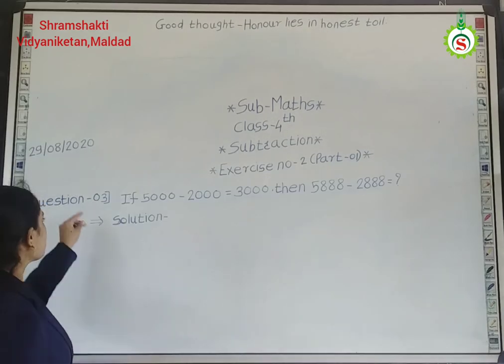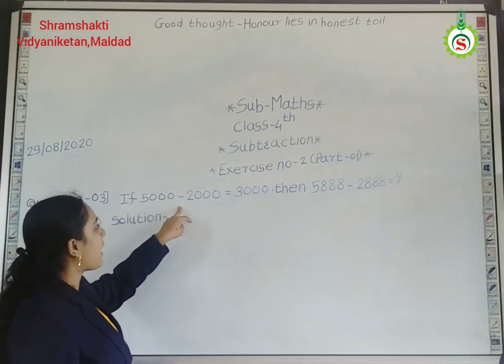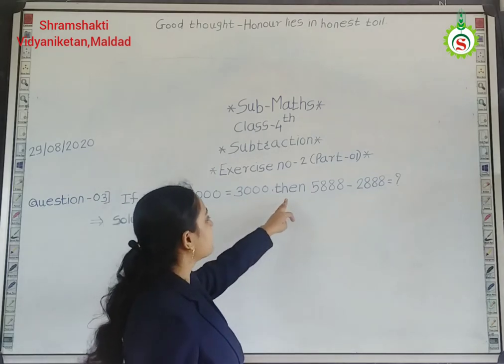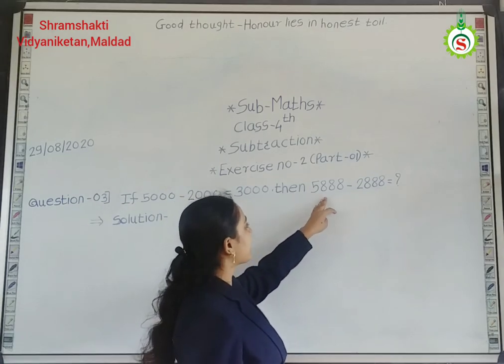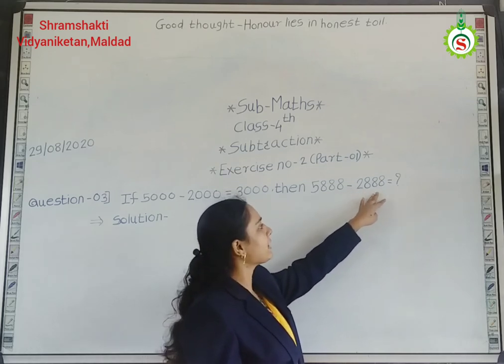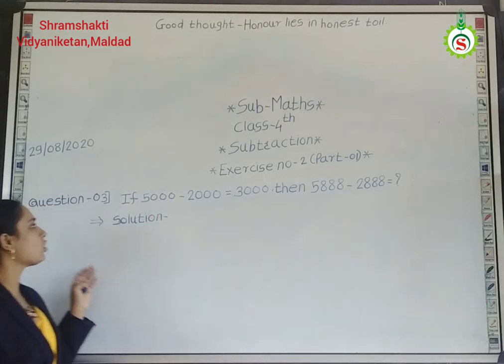Now students, question number 3. If 5000 minus 2000 is equal to 3000, then 5888 minus 2888, how much? So students, solution.